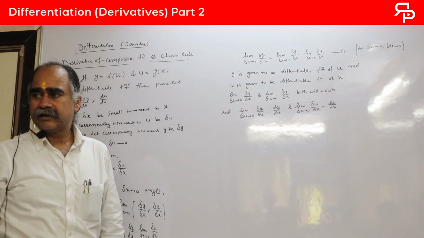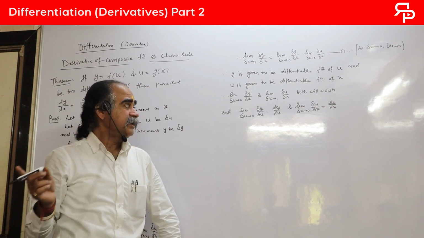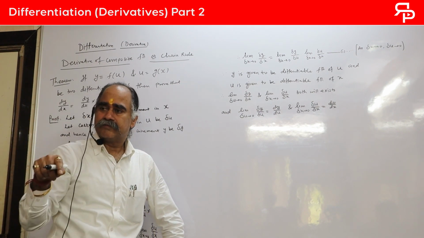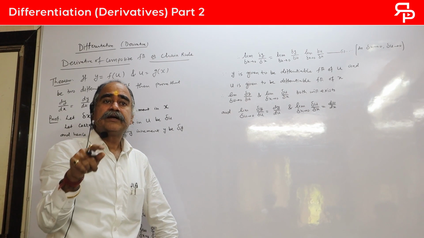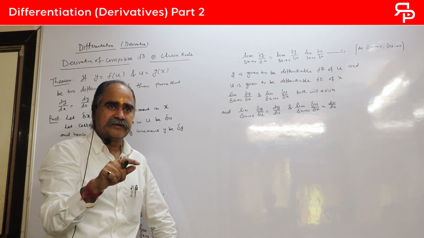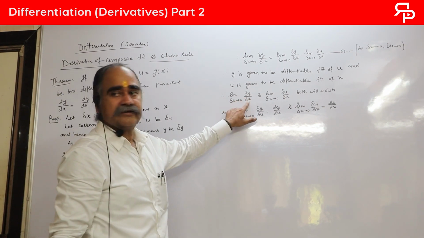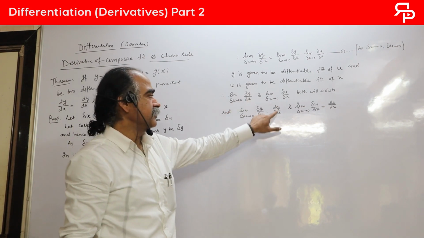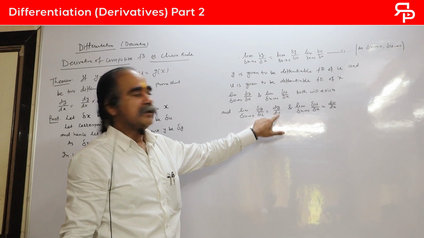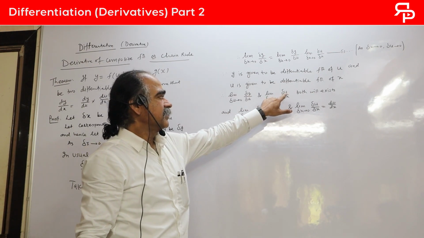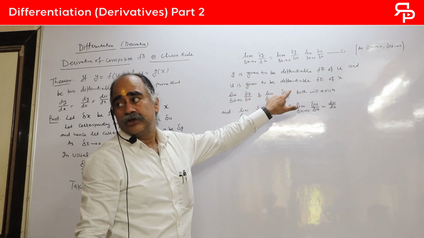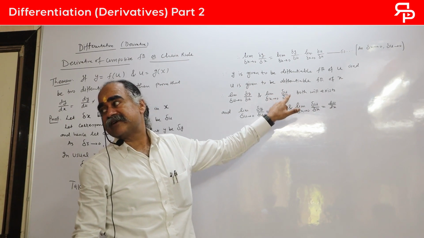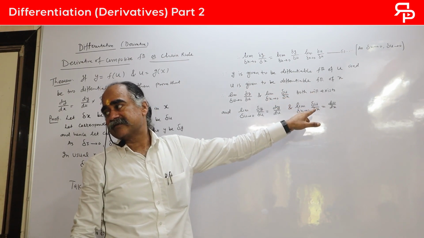Jivika, clear? y is given to be a differentiable function of u and u is given to be a differentiable function of x. That means this limit will exist, and this limit is the derivative of y with respect to u, denoted by dy by du. As well as this limit exists, we say that u is a differentiable function of x, and this limit is denoted by du by dx.